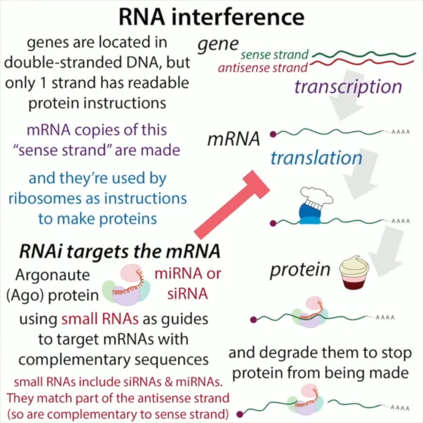And if you want to have specific degradation of specific mRNAs, there's this thing called microRNA, or RNA interference, where small RNAs called microRNAs or siRNAs have sequences that match sequences in the 3' UTR, so the end region of the mRNA that's past the protein coding part, a regulatory region at the end.